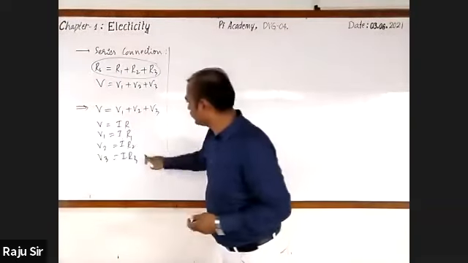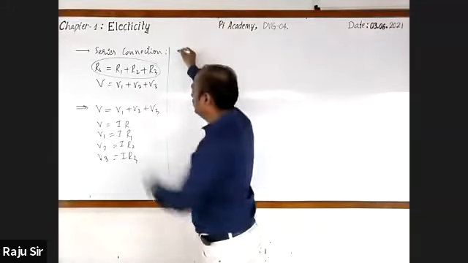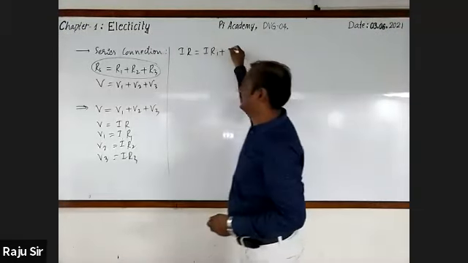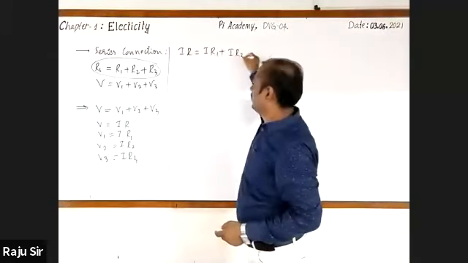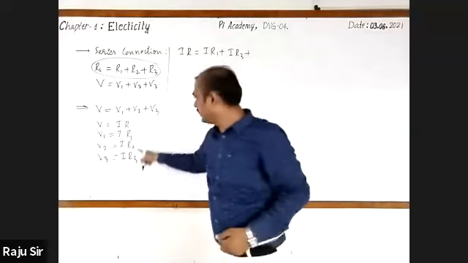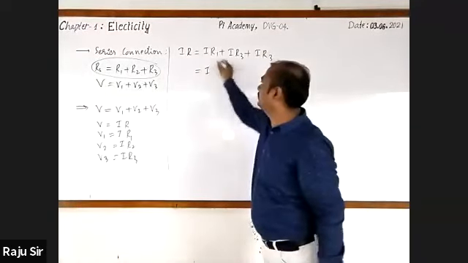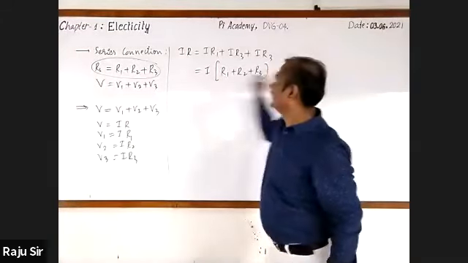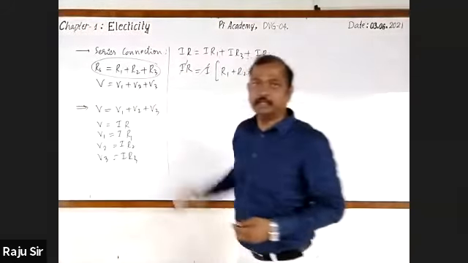When you substitute all of these in this equation, where V is I into R, V1 is I into R1 plus V2 is I into R2 and V3 is I into R3. Here I is a common factor, and you will get the remaining R1 plus R2 plus R3. In the LHS part, we have I into R. I and I get cancelled.